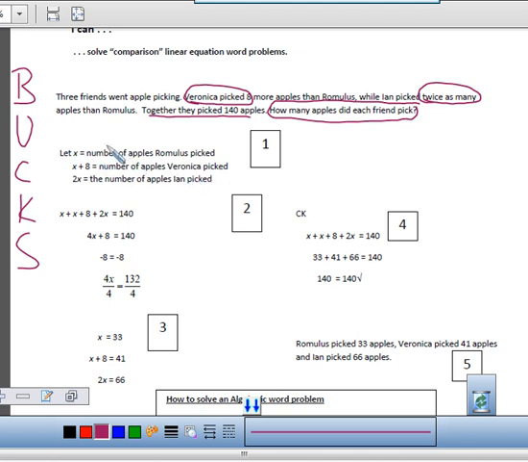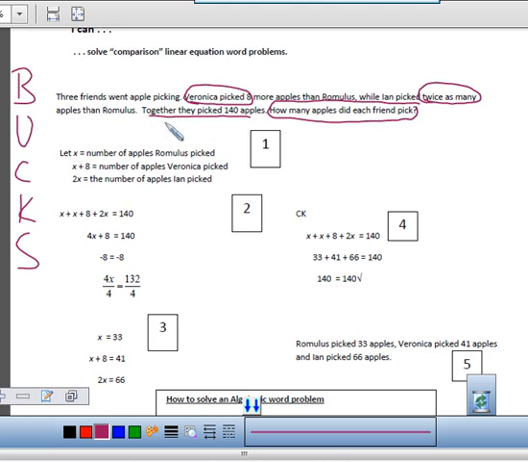And the reason why we want Romulus to be x is because Veronica and Ian's number of apples is based on however many Romulus has. So once we figure out that, then we can answer the other 2.